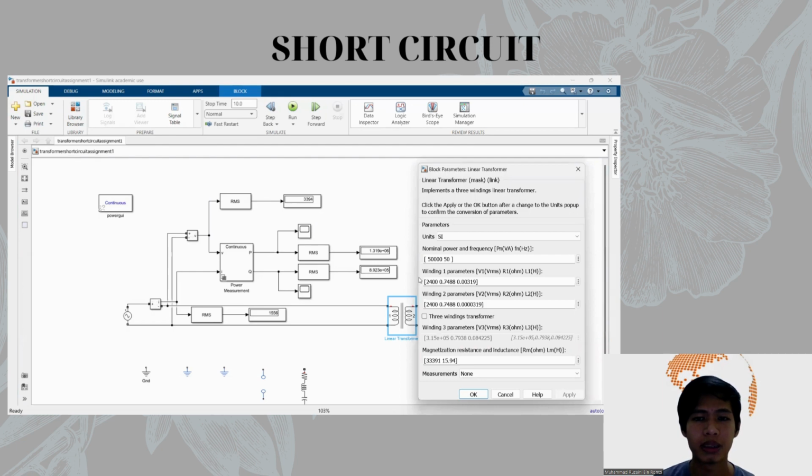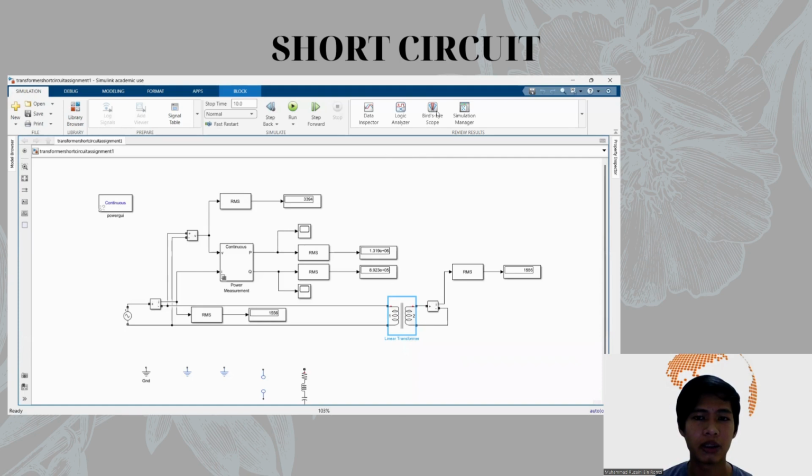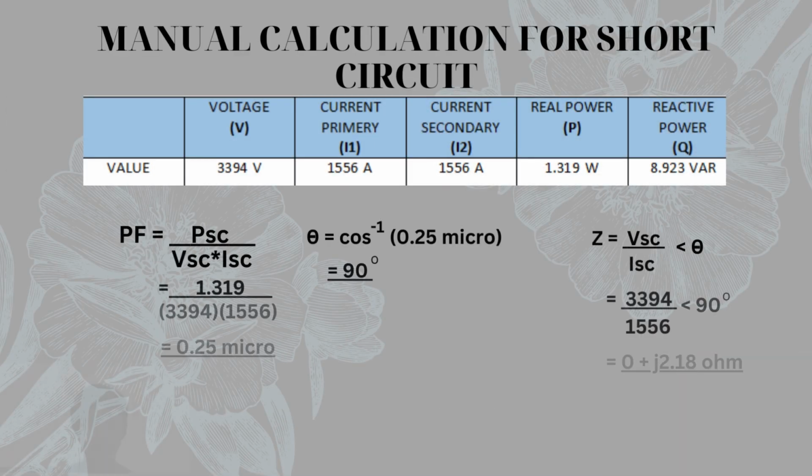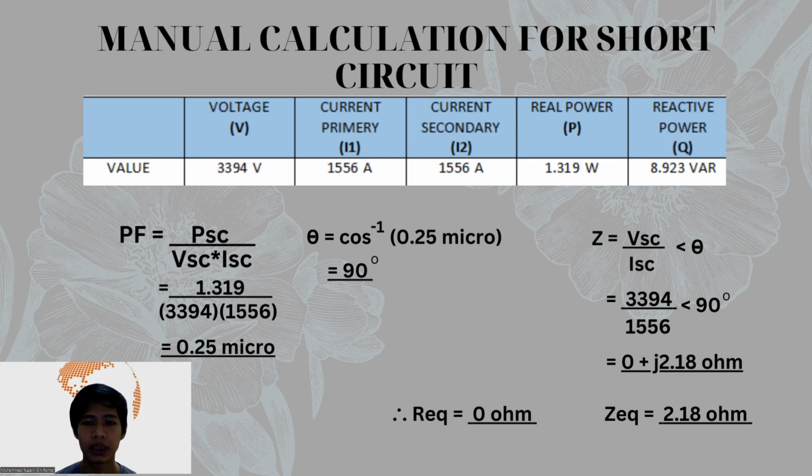Okay, this is the simulation of the short circuit transformer that I use using Simulink on the MATLAB. This is the manual calculation for short circuit.